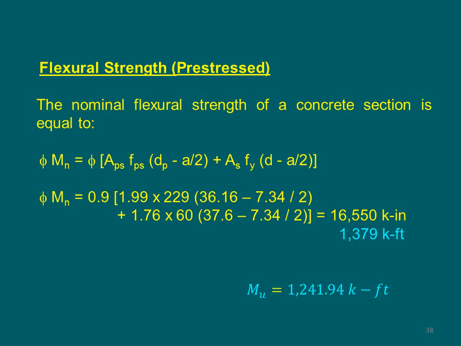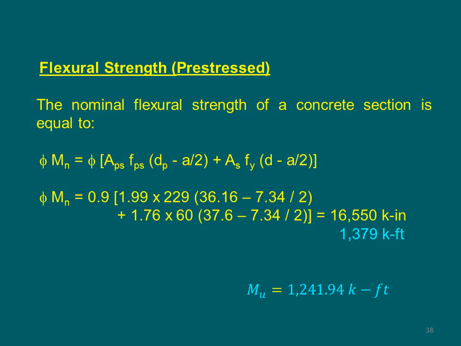You multiply this by Z1. What is Z1 here? It's going to be dp subtracting a over 2. dp is going to be the depth of the pre-stress strands, 36.16, subtracting 1/2 of a.